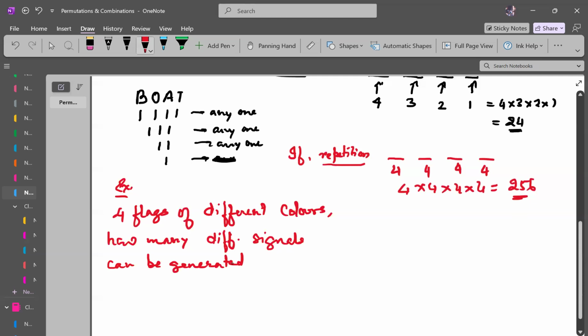if a signal requires the use of two flags, one below the other.